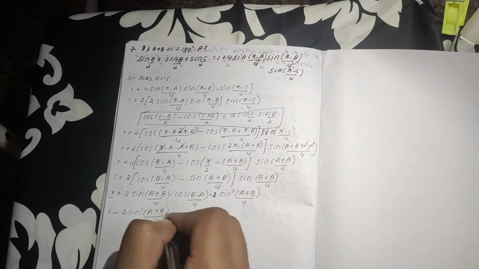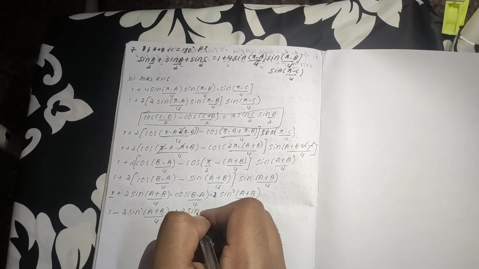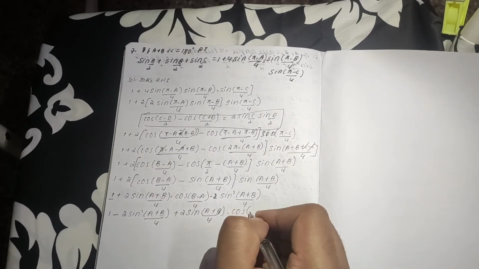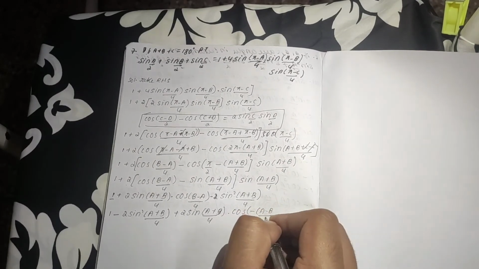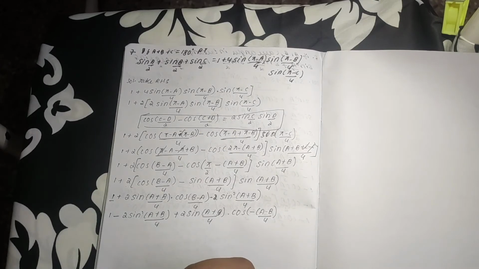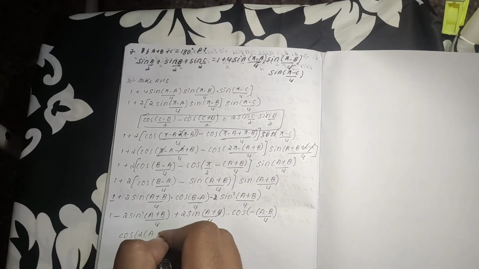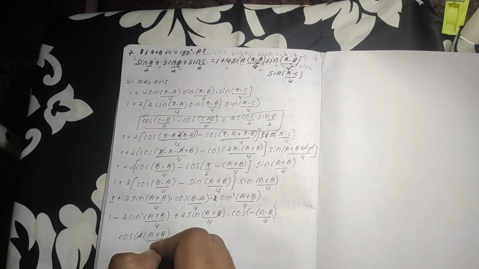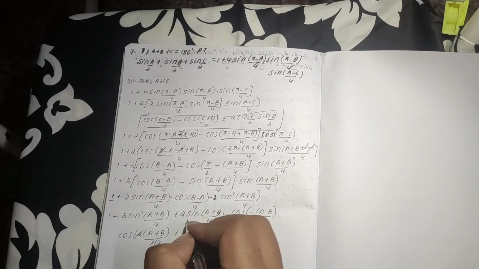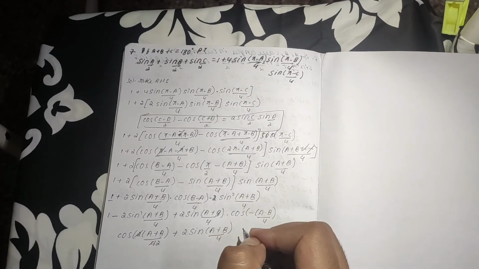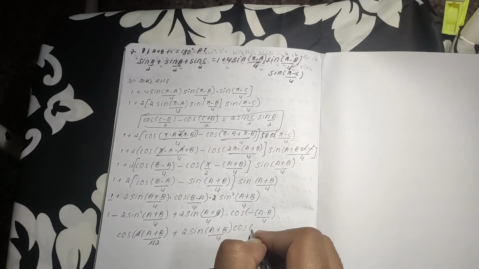So combine these two: 1 minus 2 sin square (A plus B) by 4 plus 2 sin of (A plus B) by 4 into cos of, take common, (minus A minus B) by 4. 1 minus 2 sin square theta is cos 2 theta, so cos (A plus B) by 2. The 2 gets cancelled with the 4. So this is 2 sin of (A plus B) by 4 into cos of minus theta, which is cos theta, into (A minus B) by 4.